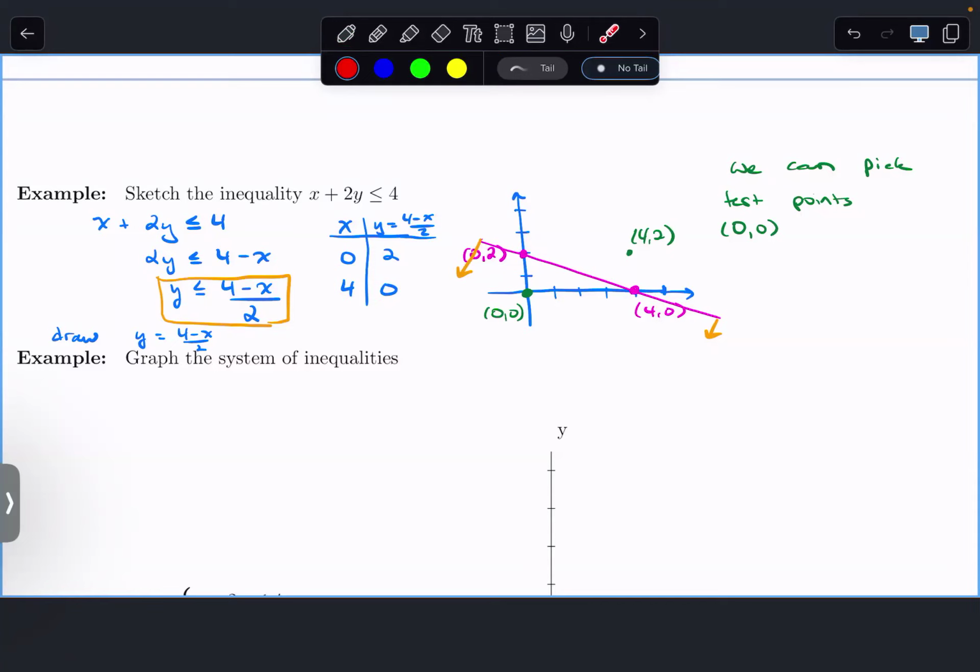But let's see. 0 is less than 4 minus 0 divided by 2, which is 2, so that's true. 0 is less than or equal to 2. What about 4, 2? If x is 4, y is 2, is 2 less than or equal to 4 minus 4 divided by 2? It is not.